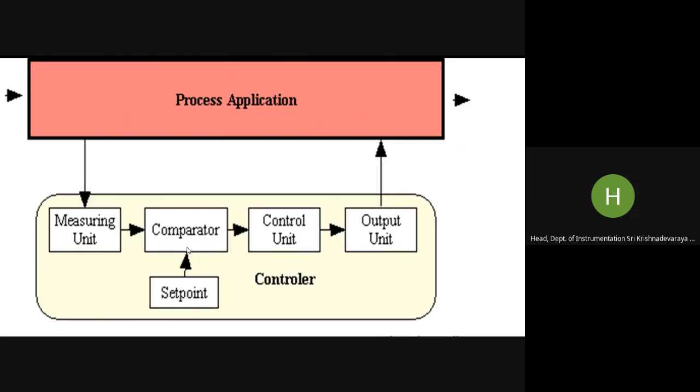You are giving a set point. If the set point is 70 degrees centigrade and the measuring unit reads 69 degrees centigrade, there is an error, and that error is given to the control unit. The control unit corrects it and accordingly sends the output through the output unit to the process application, so that it increases the heat again.